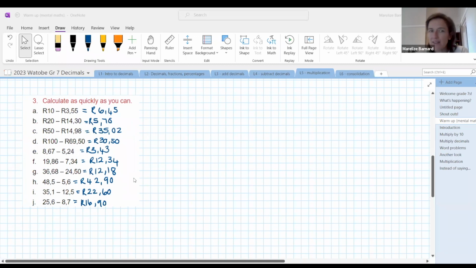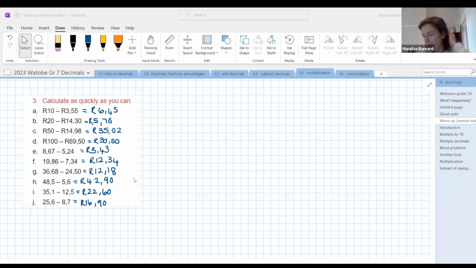10 rand minus 3 rand 55 gives me 6 rand 45. 20 rand minus 14 rand 30 gives me 5 rand 70.